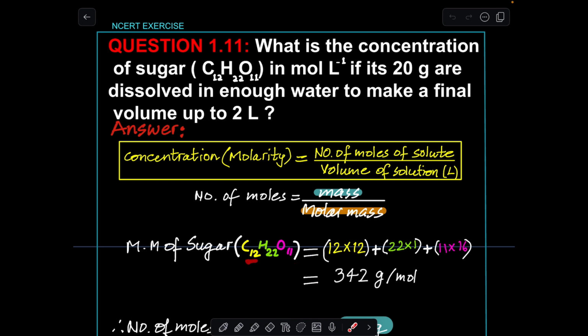We are having 12 carbon atoms, multiplied by the atomic mass, that is also 12. So 12 into 12 for carbon. Next, we are having 22 hydrogen atoms, so 22 into 1 is the atomic mass. And for oxygen, it is 11, because we are having 11 oxygen atoms, into 16, because the atomic mass is 16. So the molar mass of the given sugar will be 342 grams per mole.